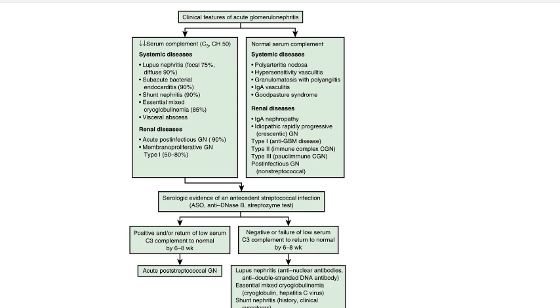Yes: IgA nephropathy, rapidly progressive crescentic GN, type 1 anti-GBM, type 2 immune complex CGN, type 3 pauci-immune CGN, and post-infectious non-streptococcal GN. In systemic disease, polyarteritis nodosa, hypersensitivity vasculitis, IgA vasculitis, and Goodpasture syndrome, complement levels are normal.